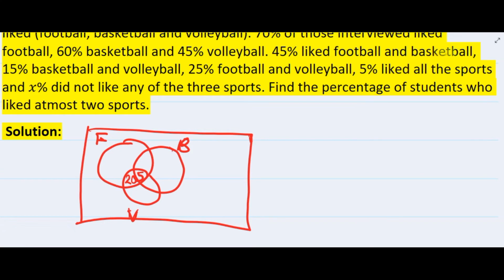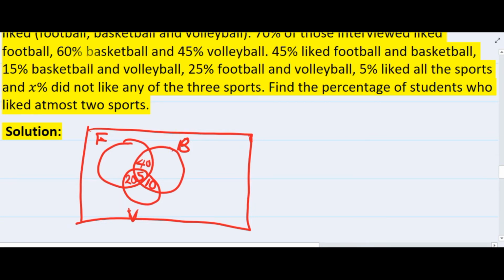The next one, we are told 15% basketball and volleyball, meaning 10 is remaining: 15 minus 5 is 10. Then 45 like football and basketball, 45 meaning 40.